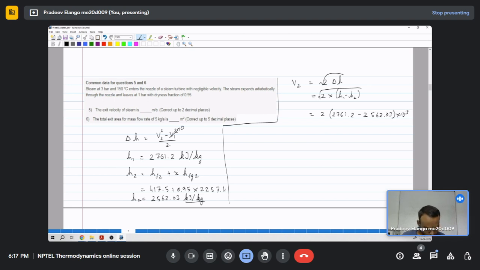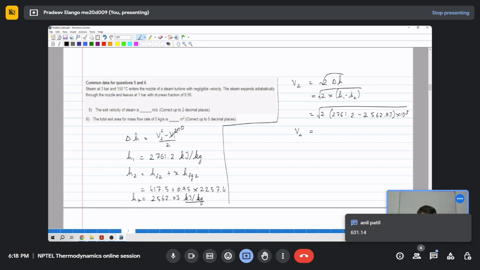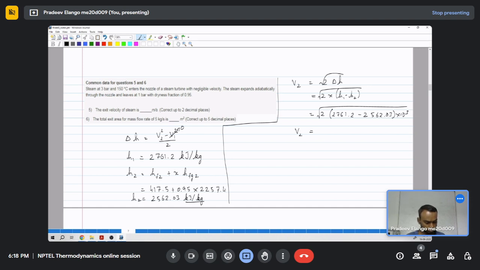Because we had kilojoule per kg, to convert to SI units we have to multiply by 10 power 3. So this is 631.14 meter per second.